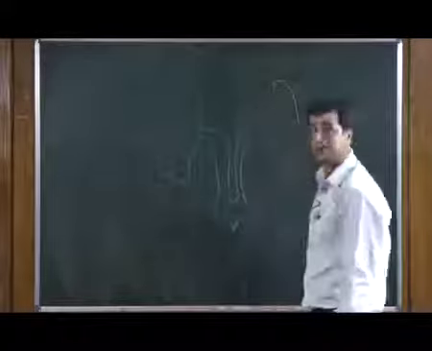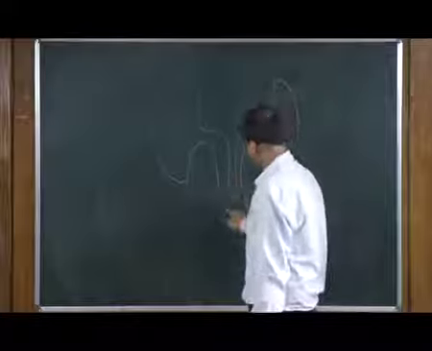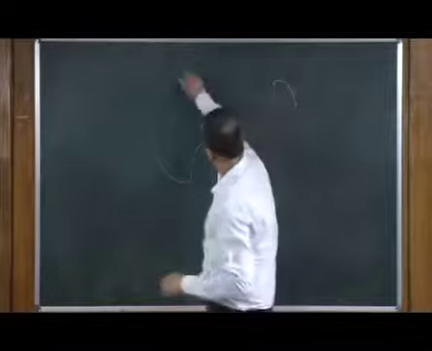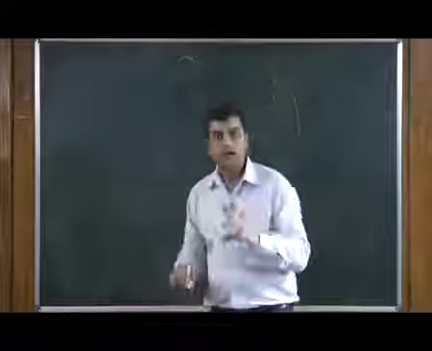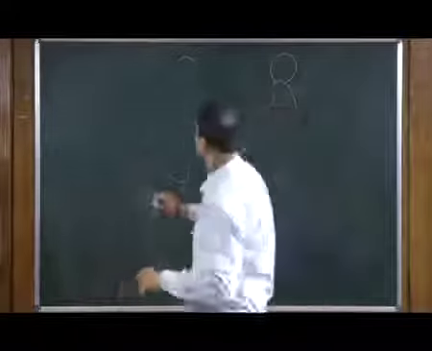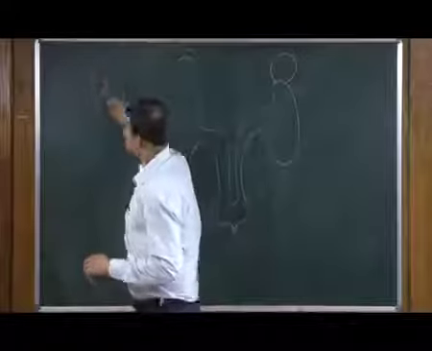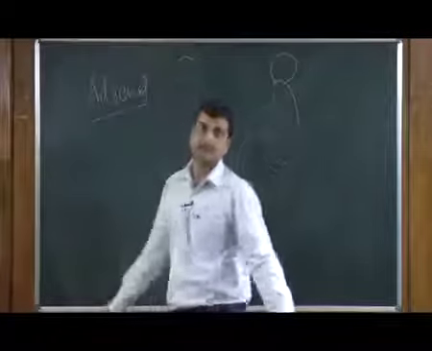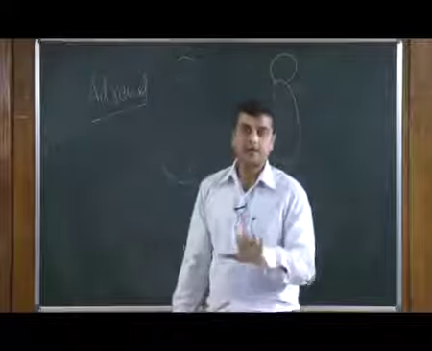So, we have these two kidneys, ureter, urinary bladder and urethra. On top of the kidney there is a very specific gland called adrenal. Ad means on top, renal means kidney. So, adrenal is an endocrine gland.